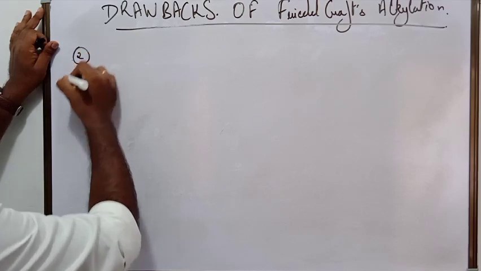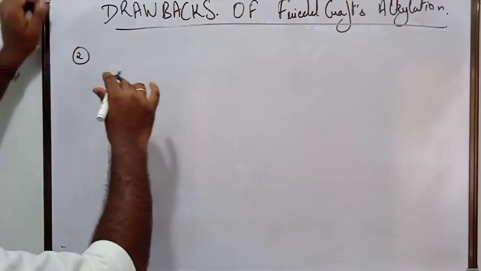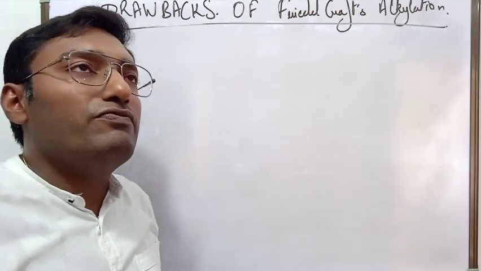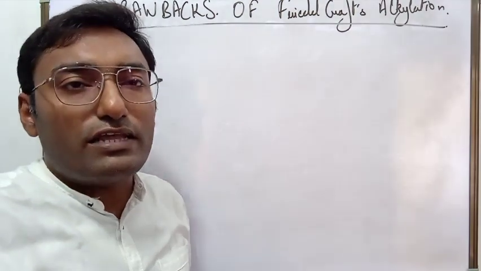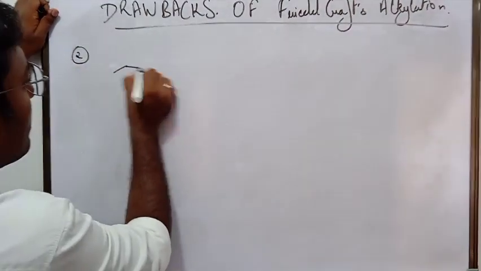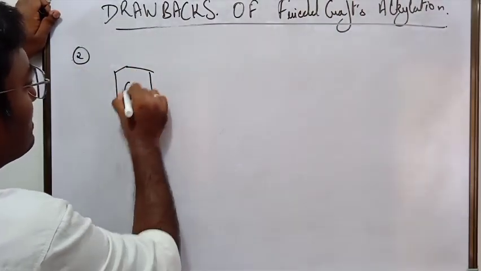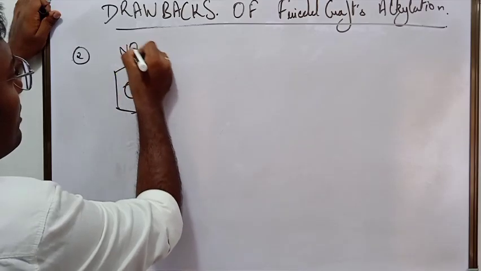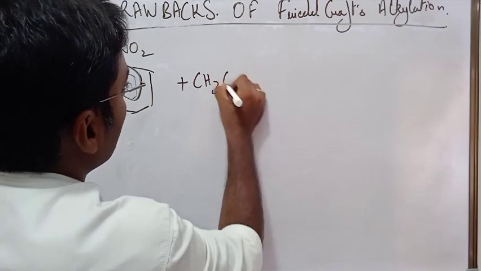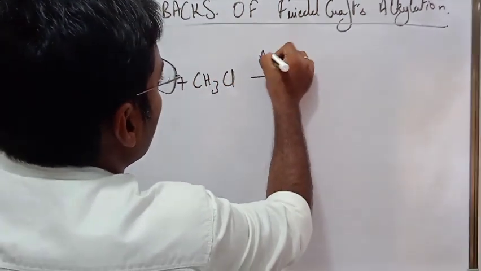The second limitation is that the Friedel-Crafts alkylation reaction cannot take place if a ring deactivator is present in the benzene ring. Let us see with an example. Suppose this is the benzene ring and NO2 is present here, and we are going to do the reaction with CH3Cl and AlCl3.